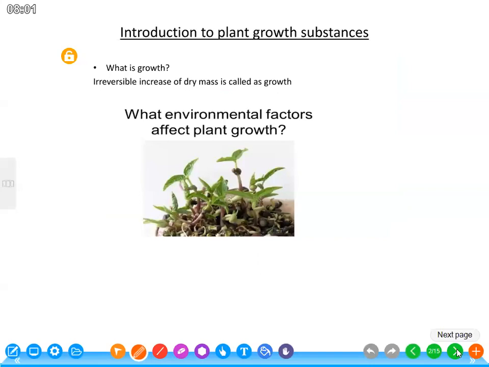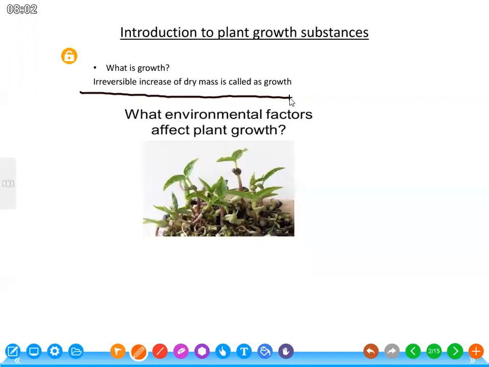Right? First, what is growth? Irreversible increase of dry mass is called growth. In your previous grades, you already studied growth. What environmental factors affect plant growth? There are some external and internal environmental factors that affect plant growth.